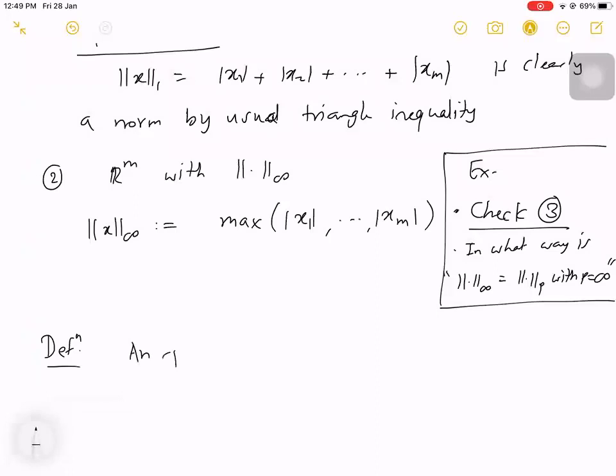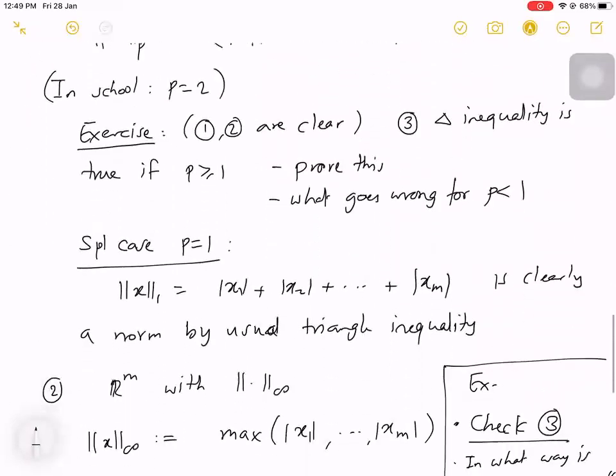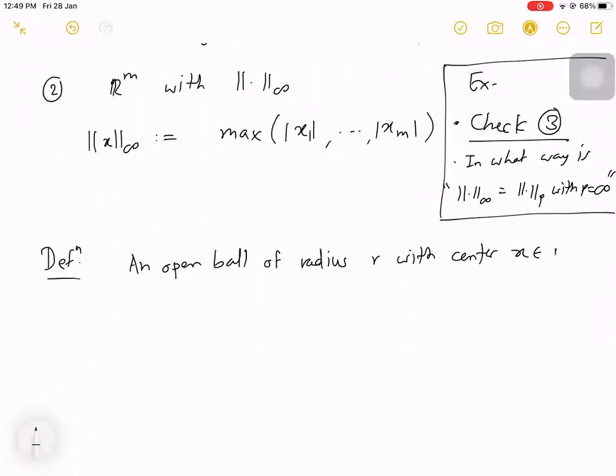Okay, so an open ball of radius r with center x in a normed linear space V is the set, exactly what it is, y in V such that the distance between x and y is less than r.